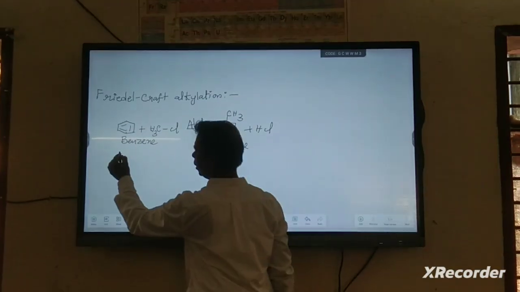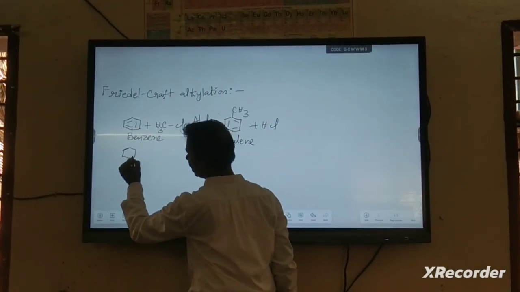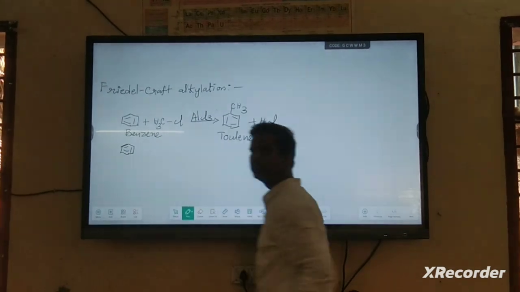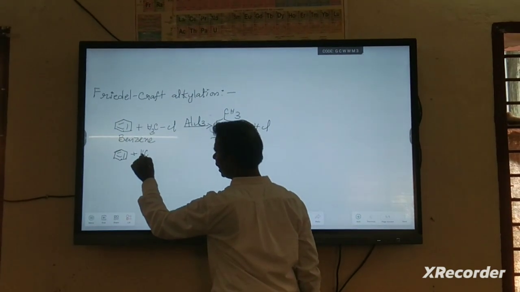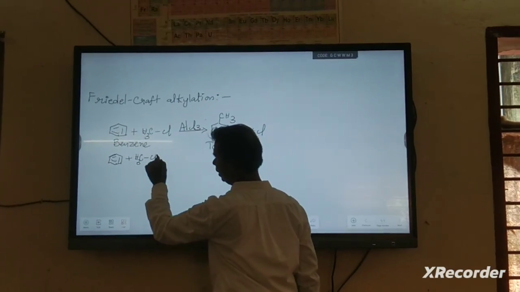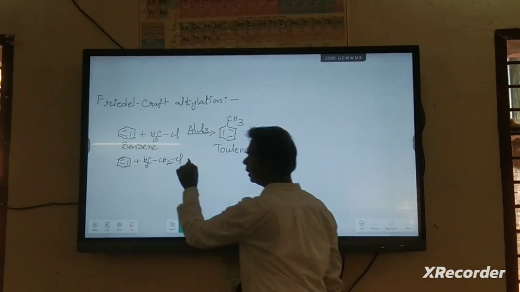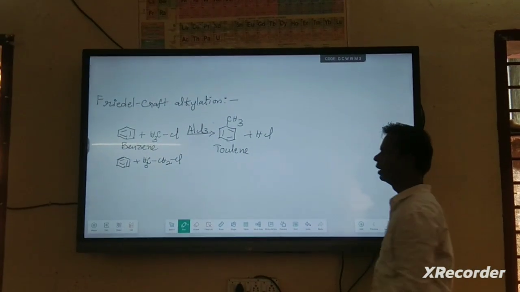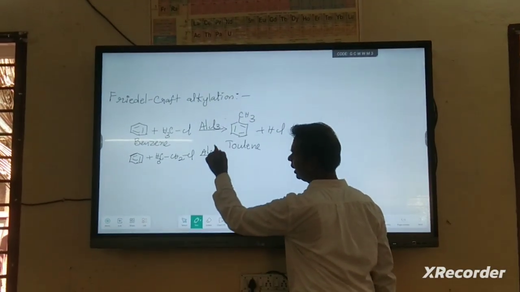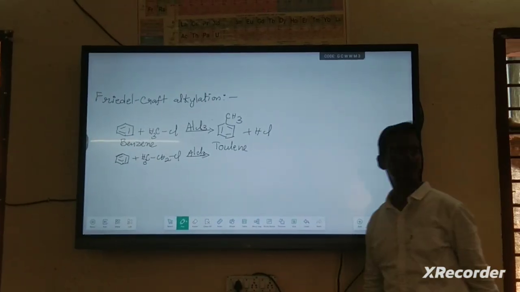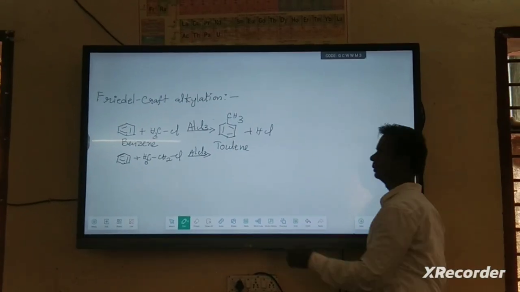Now you take benzene and react it with ethyl chloride, in the presence of AlCl3. What is the product?